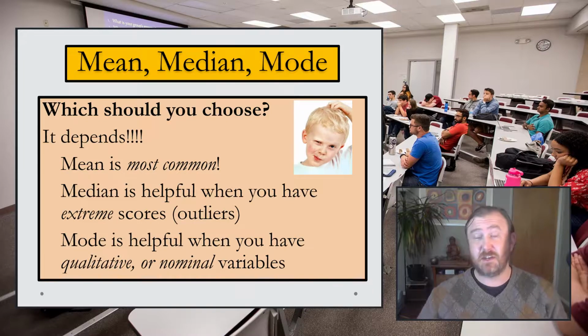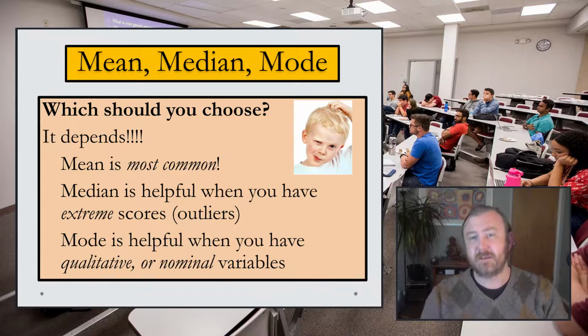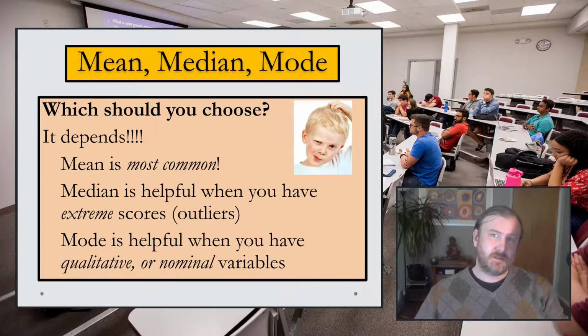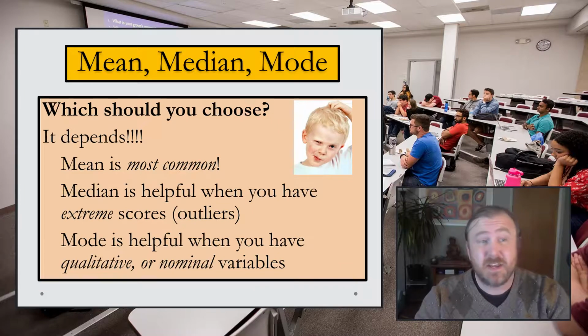If the distribution is skewed, then it's going to be more likely that the median is the best estimate of the center point, because the median is not as sensitive to those extreme values. However, you'll probably use the mode when you're dealing with qualitative data, particularly nominal variables. So if you were assessing ethnicity, the most accurate way is the mode.